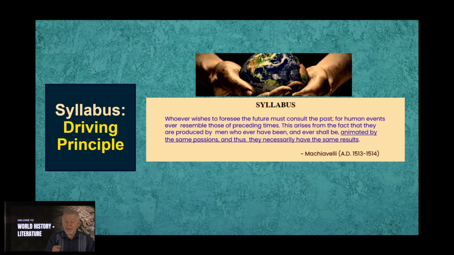And he says the reason why is because this arises from the fact that these historical events are produced by men who ever have been and ever shall be, animated by the same passions, same lust, same greed, same desire for power, same want to survive, that survival instinct, those same passions that are in every single human being throughout all of history and all cultures throughout all time.